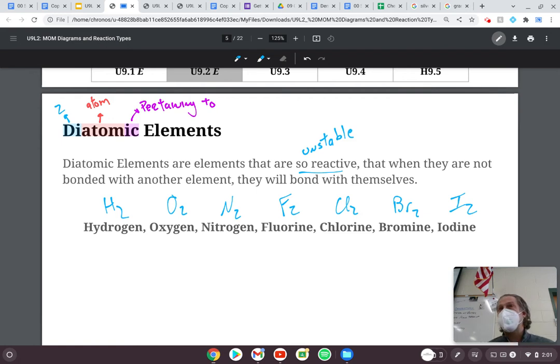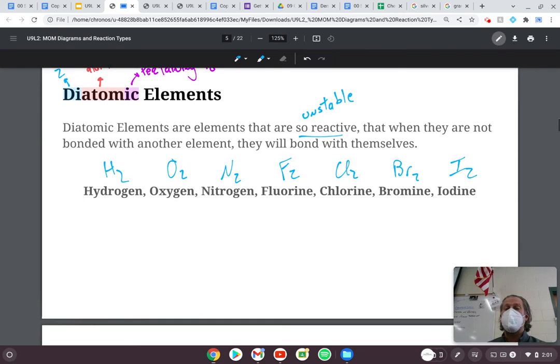Now, how are you supposed to remember this? You could write it on the back of your periodic table. You just could. You could write it on the front of your periodic table. Or you could remember it the way it was taught to me when I was your age.